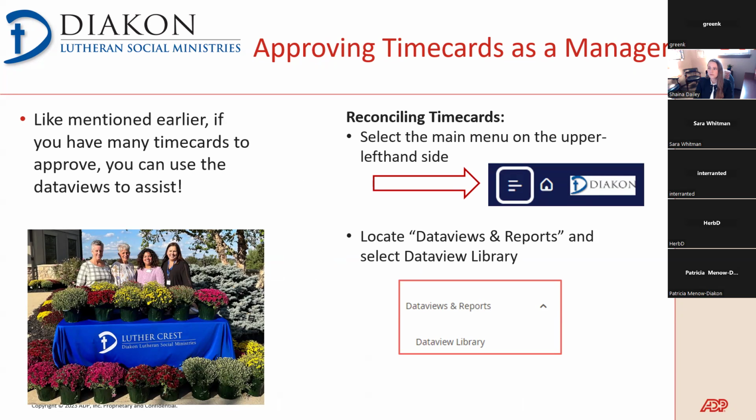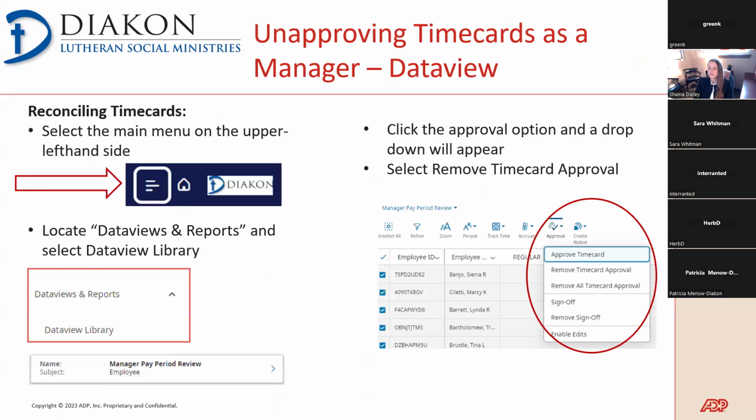But understandably, we can go back to reconciling the time cards like we showed before, clicking those three buttons, and going to your data view library. Once you're in there, you're going to pull up your staff, and there's just a little snip there, but that full report will come to you again. And just like we showed you before, you can select everybody's names and click on that approve button.